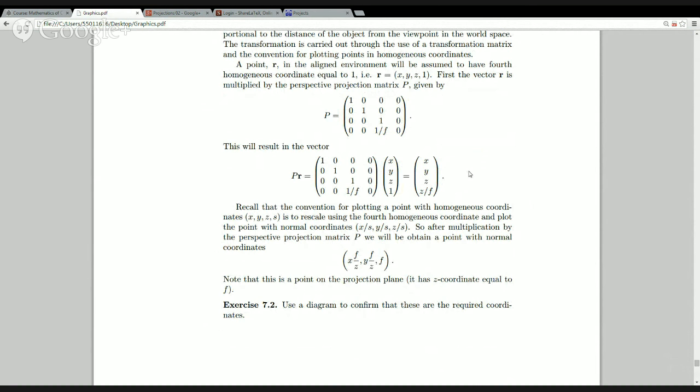Now we did mention at the start, when we introduced homogeneous coordinates originally back in chapter 1, that for the most part, that fourth scale coordinate will always be 1.